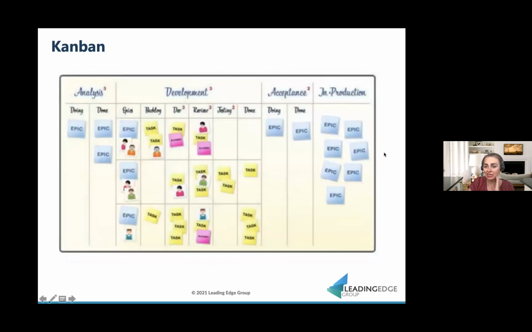A more sophisticated Kanban board would visualize every step on the journey. So every step that you have to take to get the work to the next level is visualized here. And then those numbers that you see here, that's a limited work in progress.